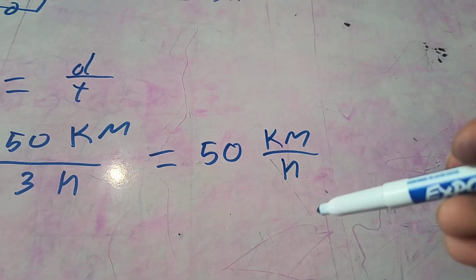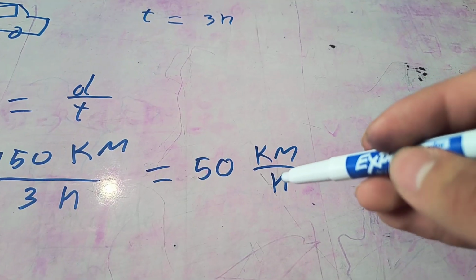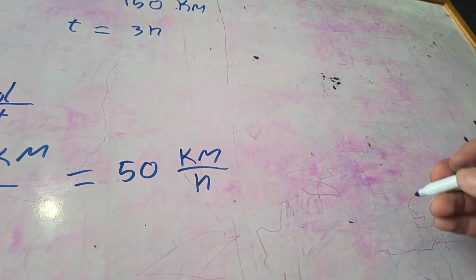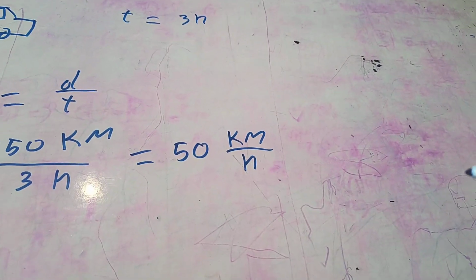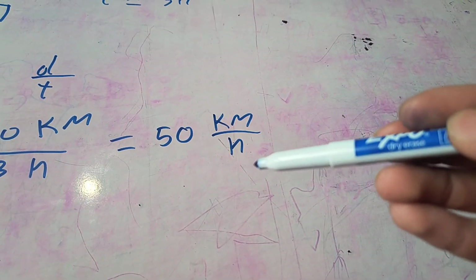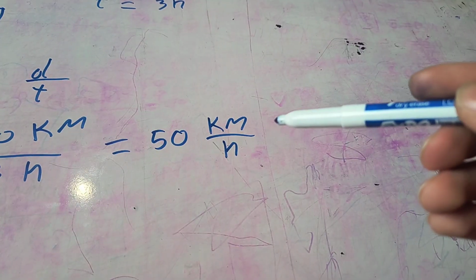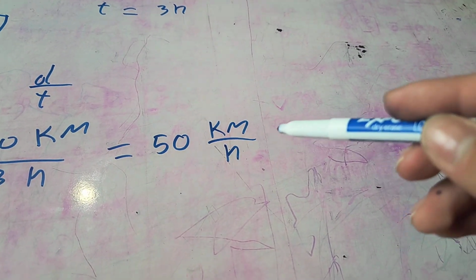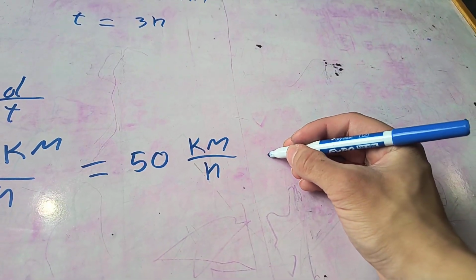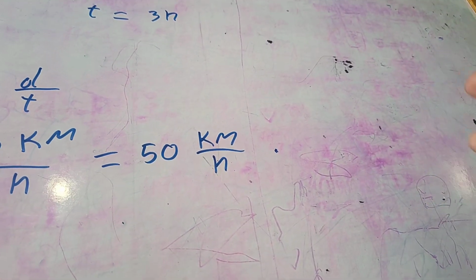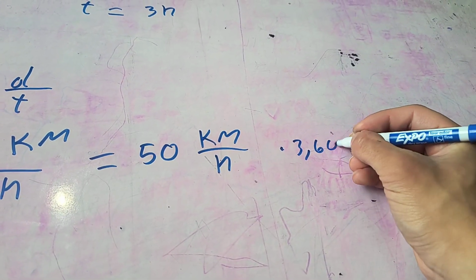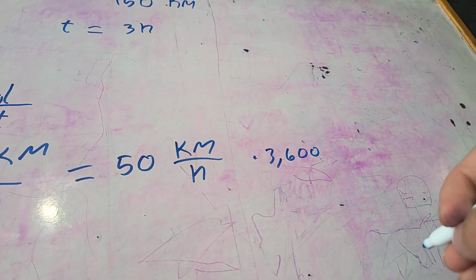Okay. Now, what if we wanted to get it in seconds? We wanted to get rid of these hours and get this in seconds. So we'd have to multiply it by something that would cancel out this hour and leave the kilometers alone. We could say, well, that's 600 seconds.